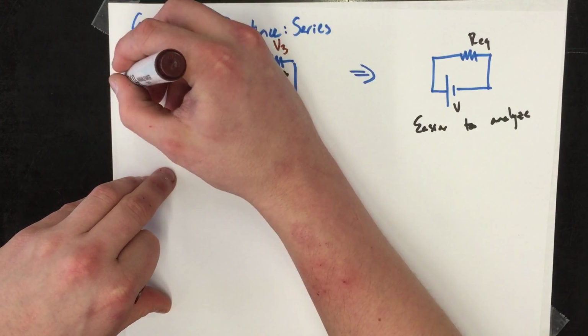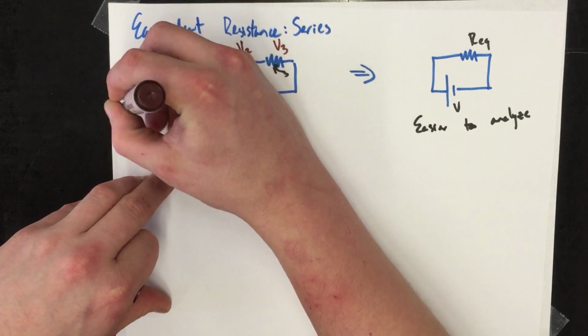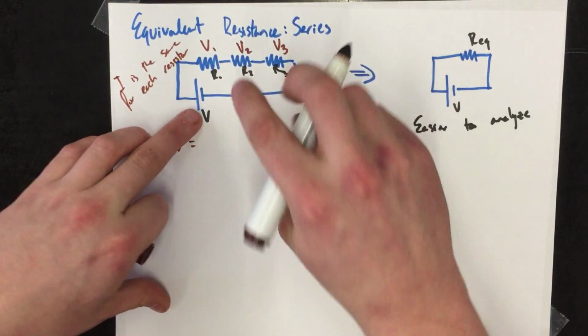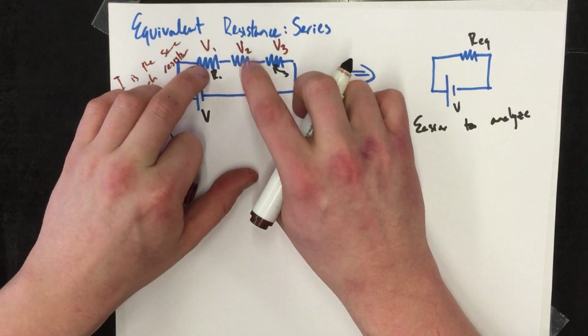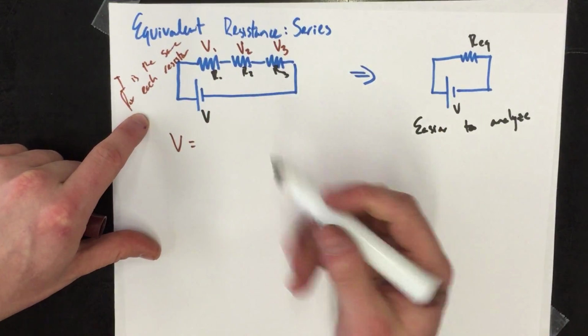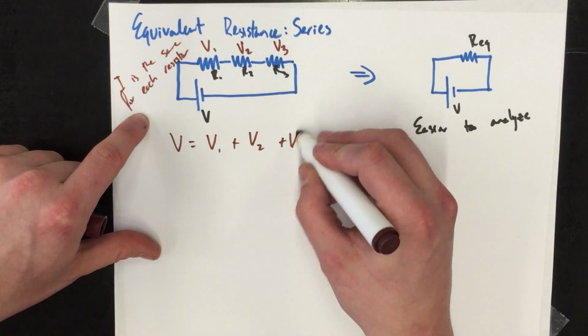While the current I is the same for each resistor, the voltage will be different for each resistor. So I could say that the voltage from the battery is going to be V1 plus V2 plus V3.